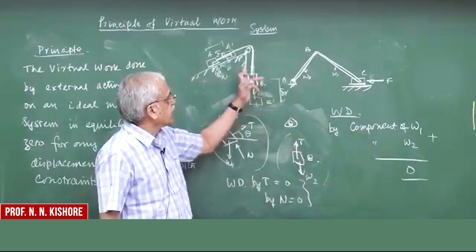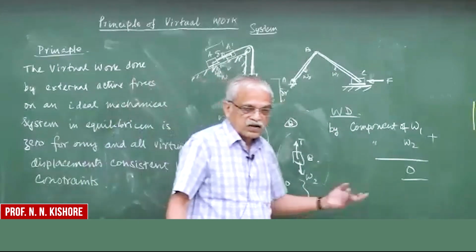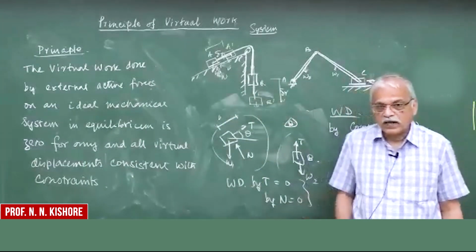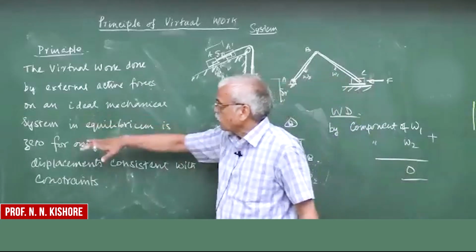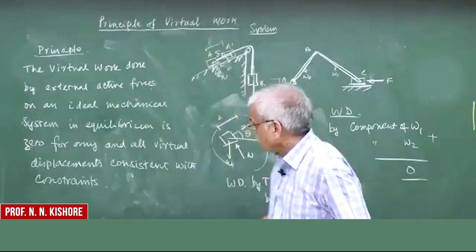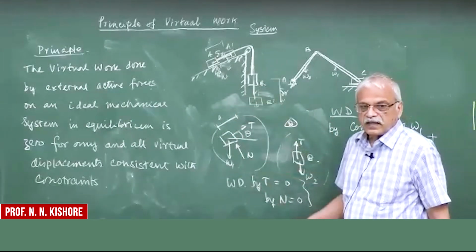The other forces, like T and N, are not active forces because they are not contributing anything to the work. I hope you understood the active forces. Like this, we can make an equation. This is a very simple one, I'll leave it to you.